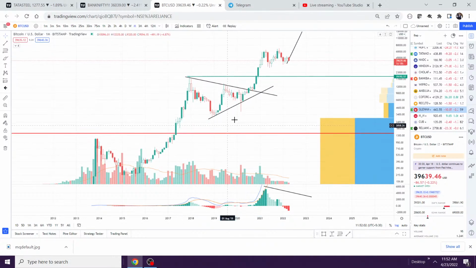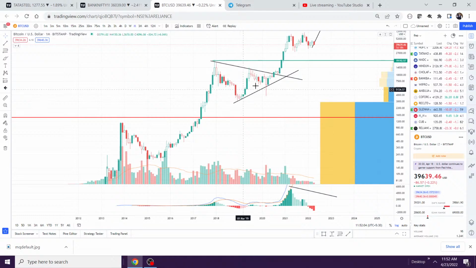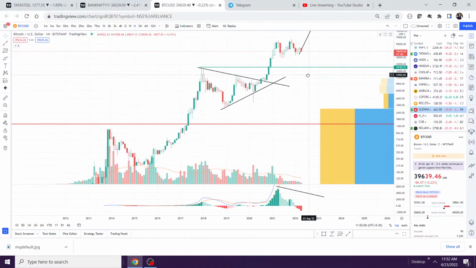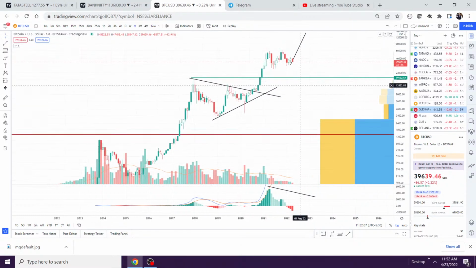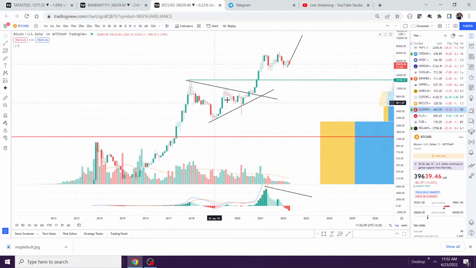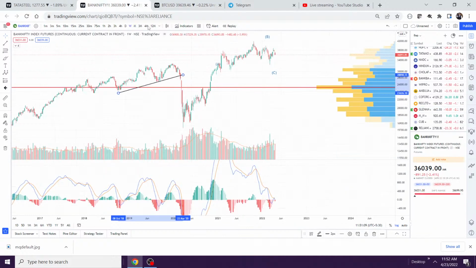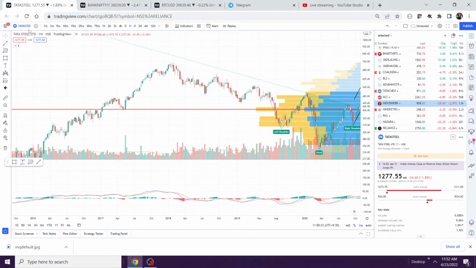And there are other patterns also. There are running flats, expanded flats. Once you are able to identify these, you will be able to see every chart very clearly. Like in Wipro, let me show you.